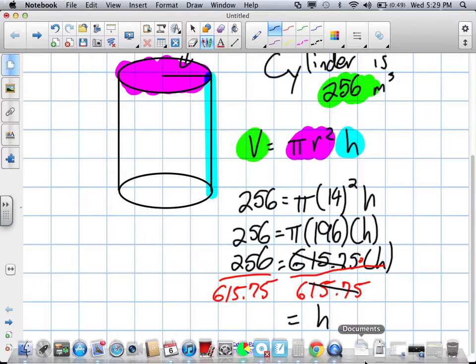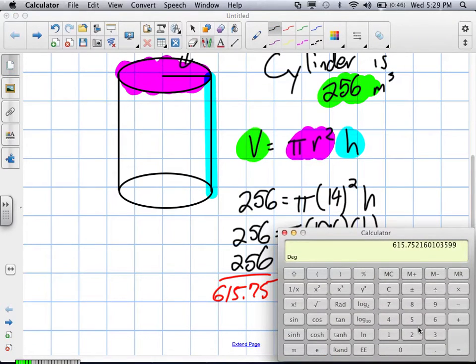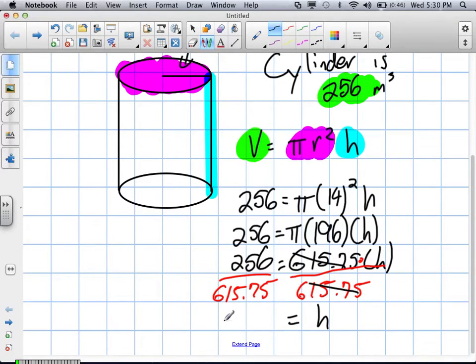And we've got to figure out what the height is now. So we take 256 divided by 615.75, which equals a really small decimal, 0.415, we'll say. 0.415 meters in height.